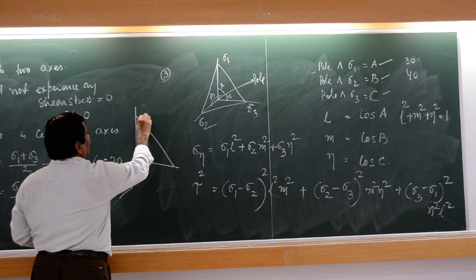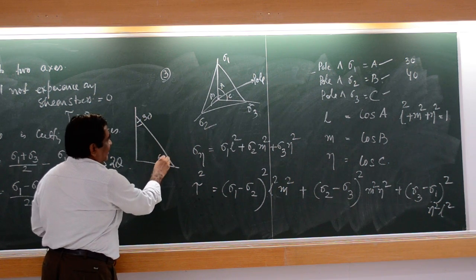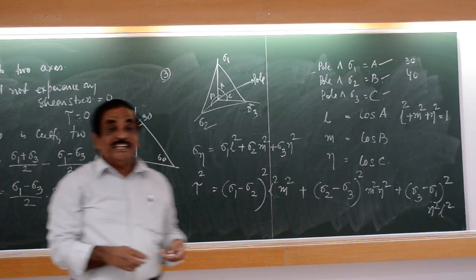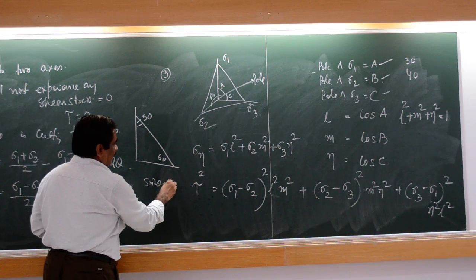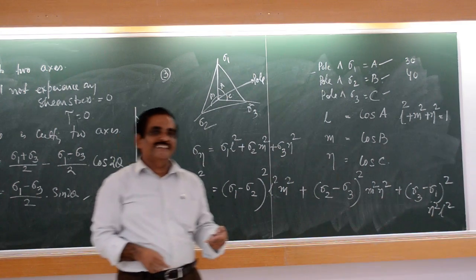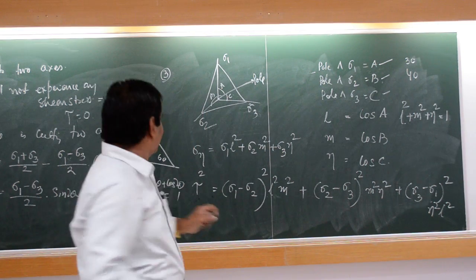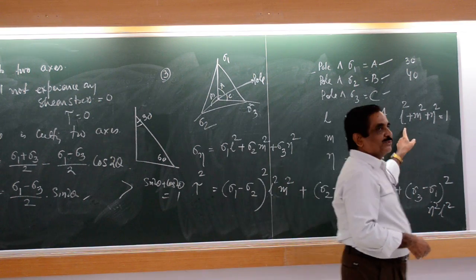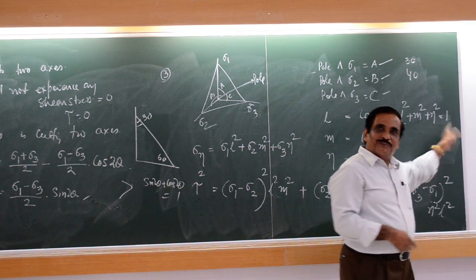If this is 30 degree, you are telling how much it is? 60. So what is the relationship between them? 90 minus 30, ठीक है. यही है ना, sin square theta plus cos square theta is equal to 1 ना. इसलिए तो ये 30-60 होता है ना. यही principle है, sin square theta plus cos square theta is 1. Similarly this is the rule: cos square A plus cos square B plus cos square C is equal to 1.